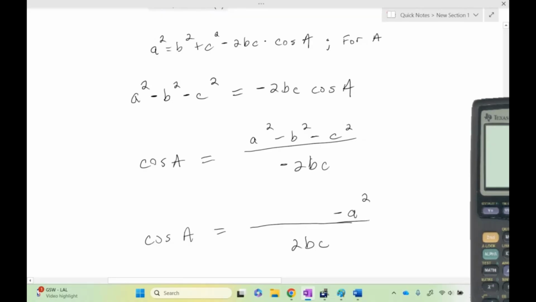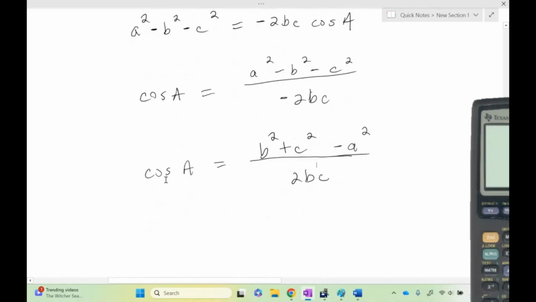Okay, so this is what happens in the formula. Notice that my denominator is now positive instead of negative. So it's like I'm just changing the signs of the numbers in the top. So b squared becomes positive, and c squared becomes positive.